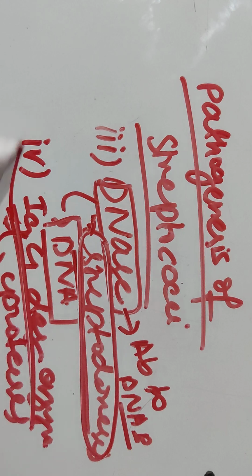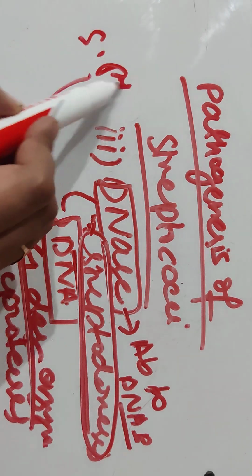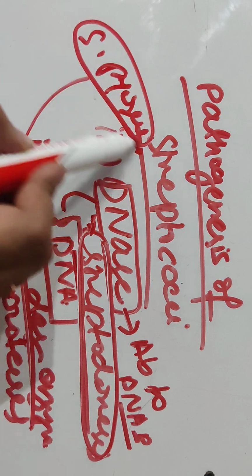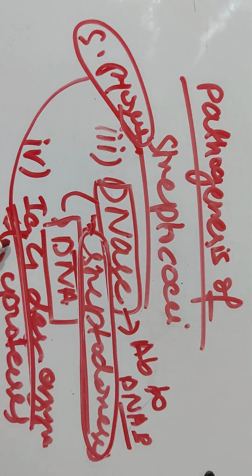Which organism? Streptococcus pyogenes. Virulence is increased by IgG degrading enzyme because it degrades heavy chain IgG and it prevents opsonization and complement activation. That's why it increases the virulence of Streptococcus pyogenes. So it has important role in pathogenesis.